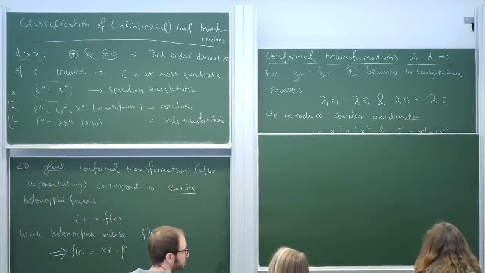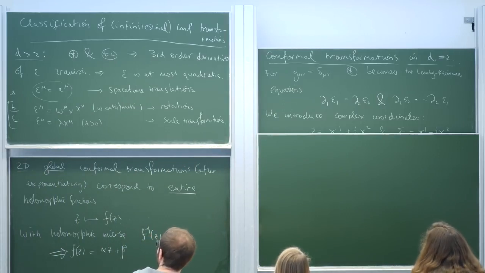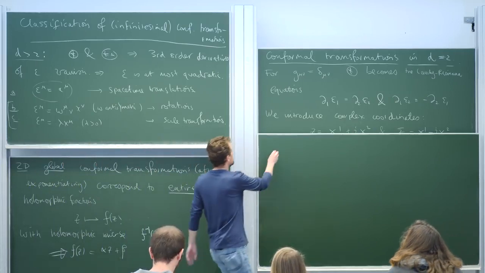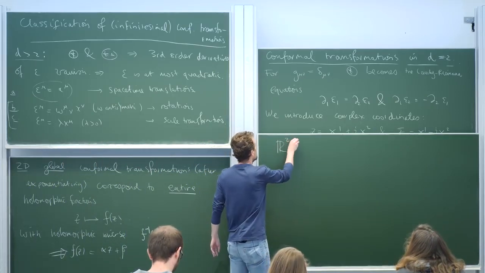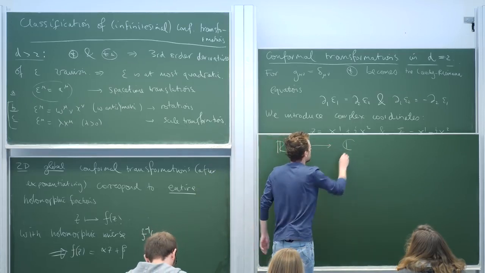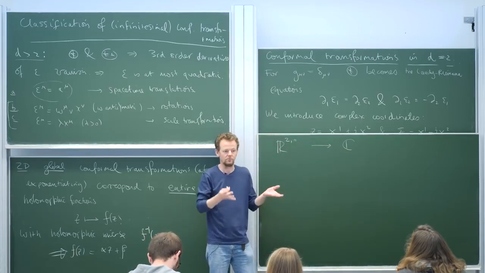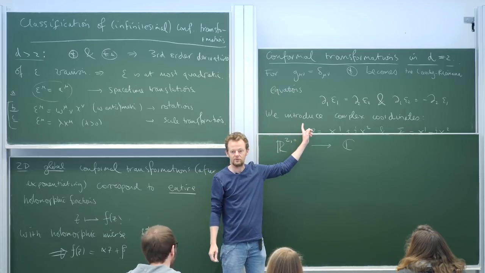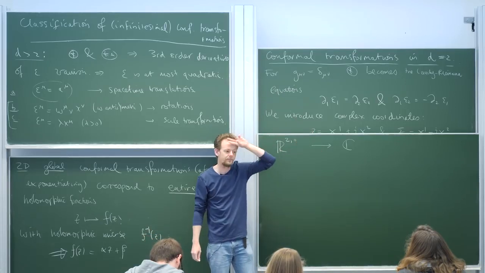If we take R2 and compactify it. So here's what we've done so far. We've looked at R2, C naught. We've just interpreted it as the complex numbers, right? Just by calling y the imaginary part and x the real part.